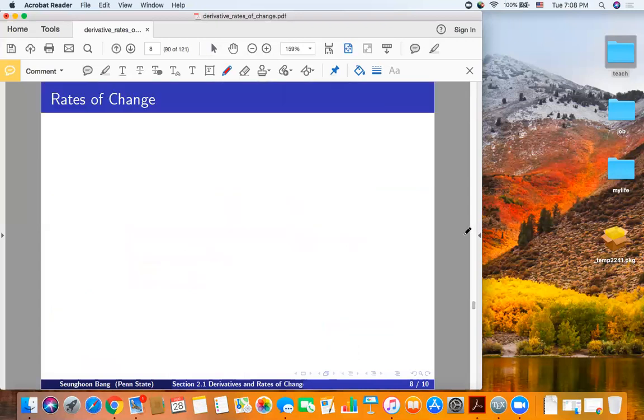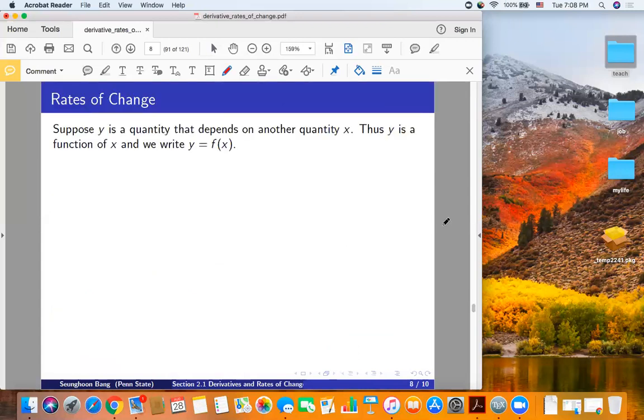The next one, the rate of change. Here, suppose y is a quantity that depends on another quantity x. Thus, y is a function of x, and we write y equals f of x. We can define delta x as x2 minus x1, the increment of x. Delta y is f of x2 minus f of x1, the increment of y.